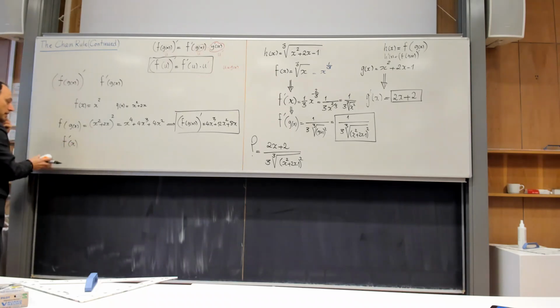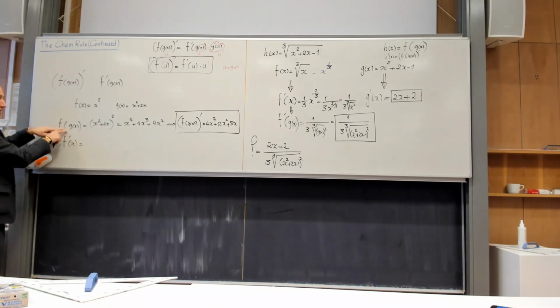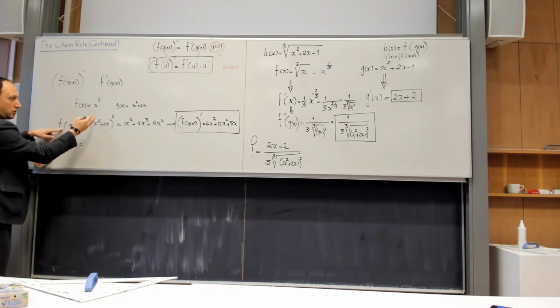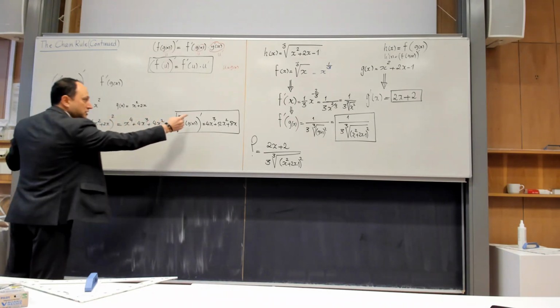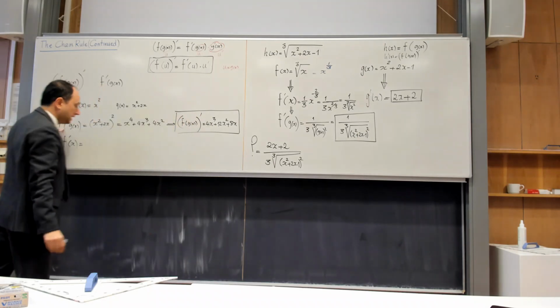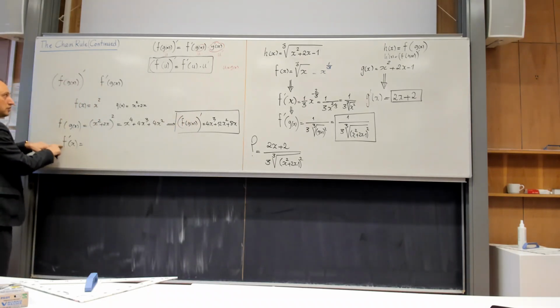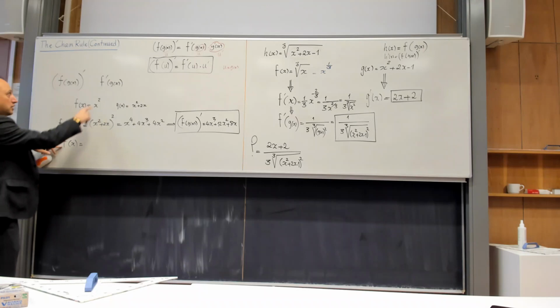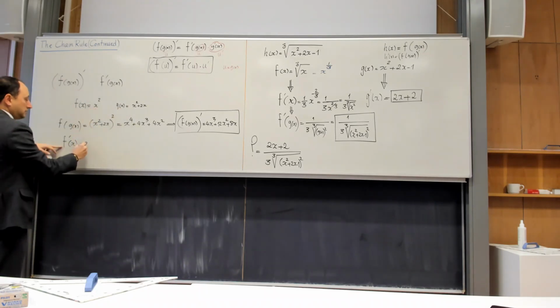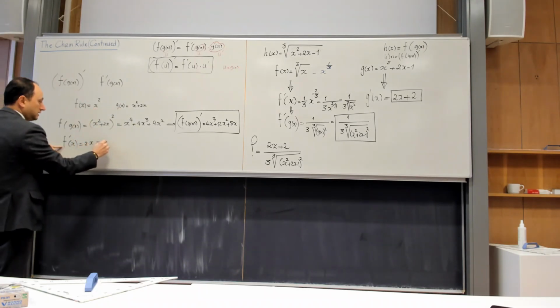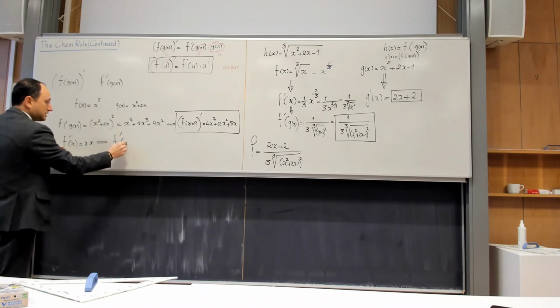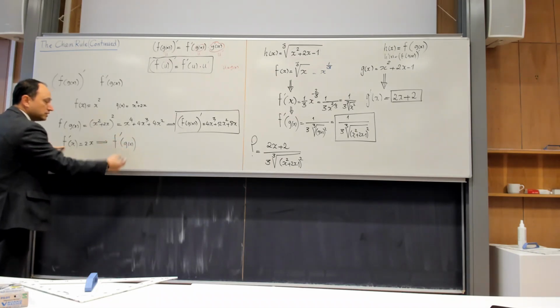Yes? So be careful. Here, the substitution process started first, and the differentiation process followed. But here, the differentiation process starts first, so it becomes 2x. And then f prime of g of x, this is the place that I have to do the replacement.